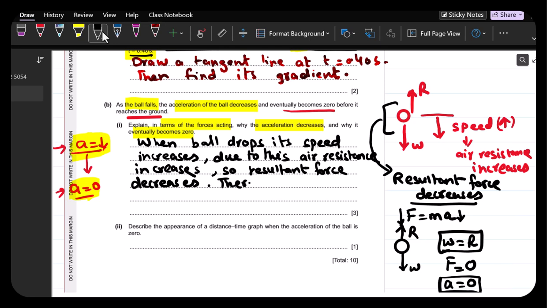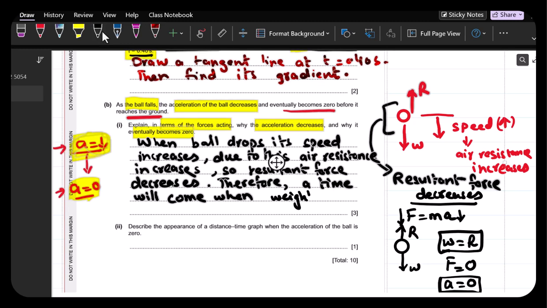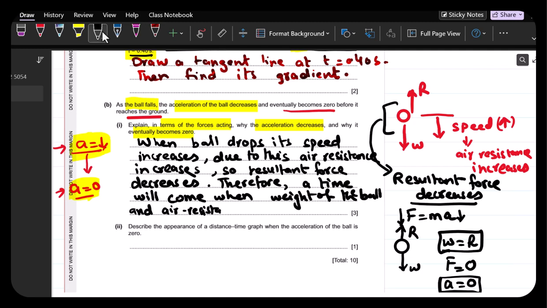Therefore, a time will come when the weight of the ball and air resistance become equal, then resultant force will be zero, so acceleration will be zero.